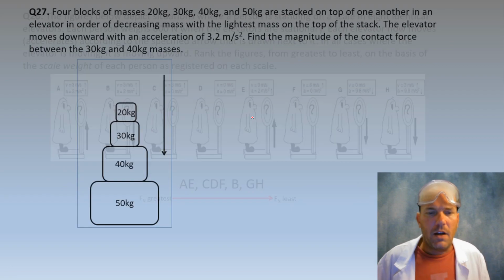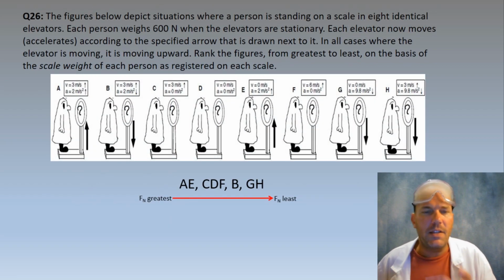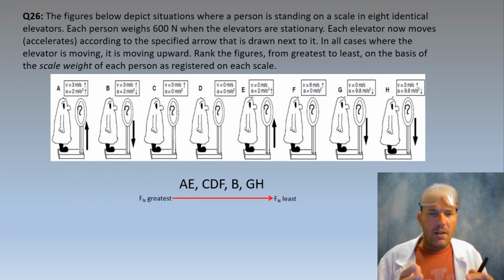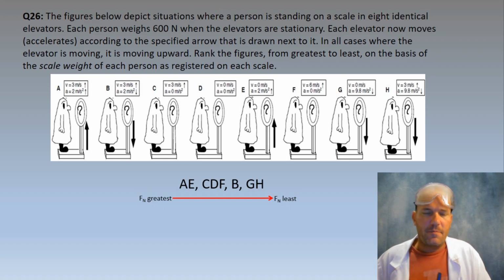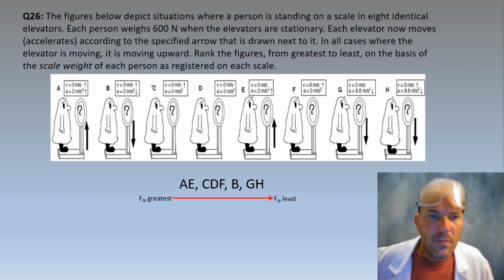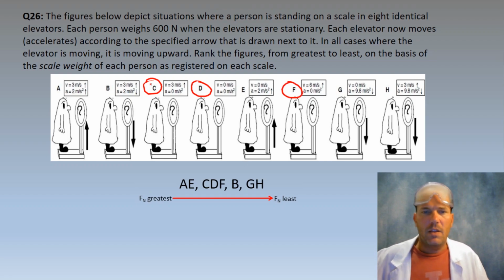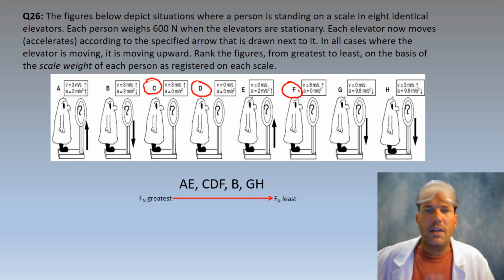Okay, the next one here. We have C, D, and F. C, D, and F are the next from greatest to least. And so what's occurring on all of these? Well, we have zero acceleration.